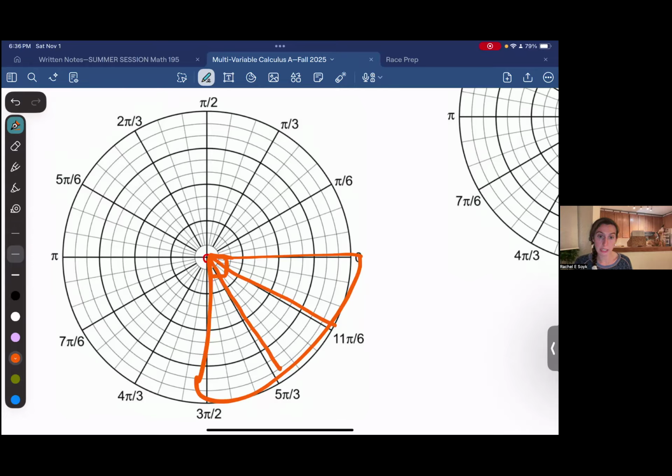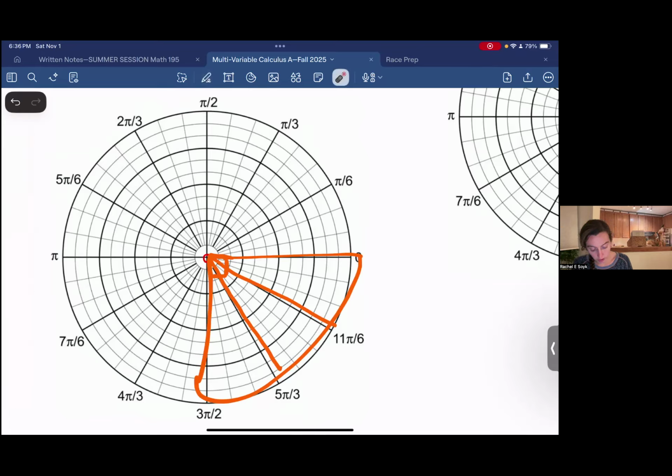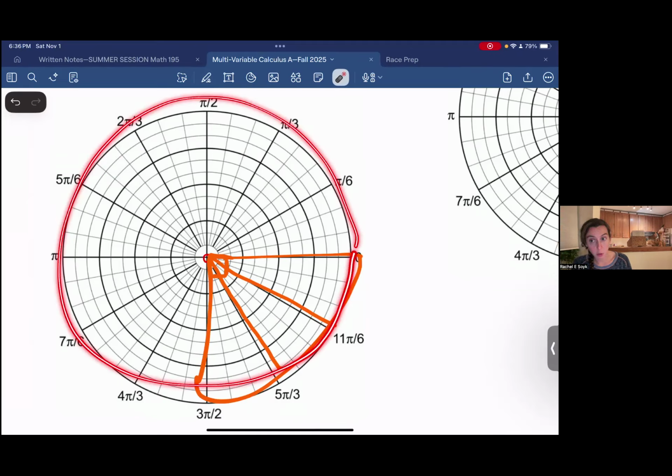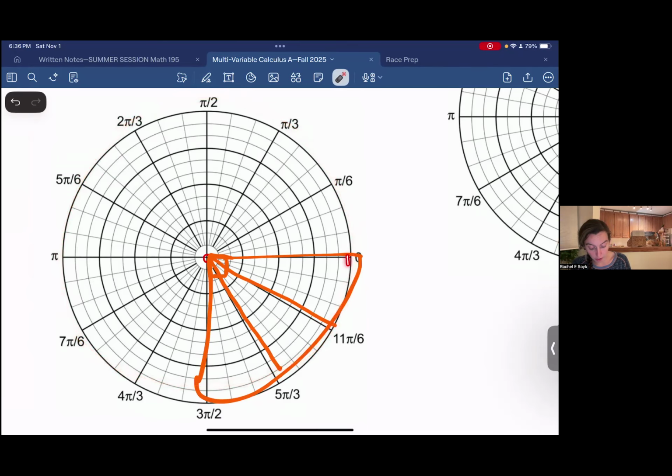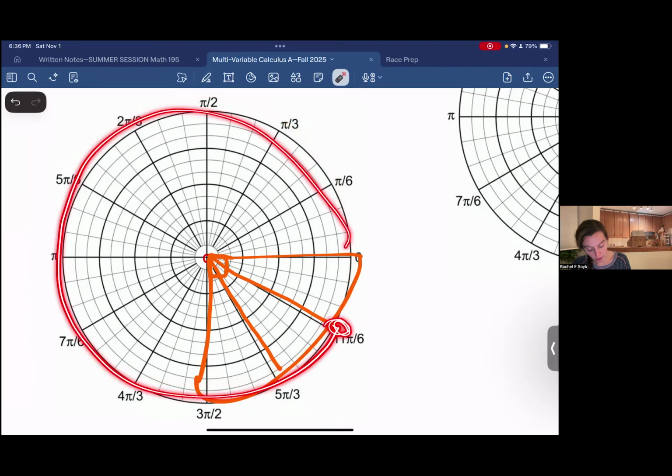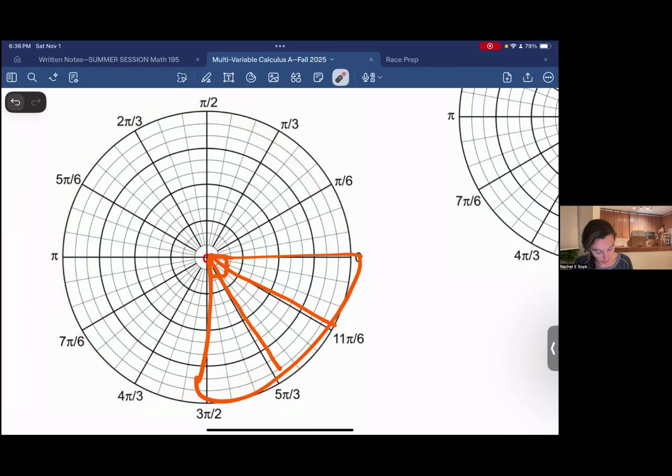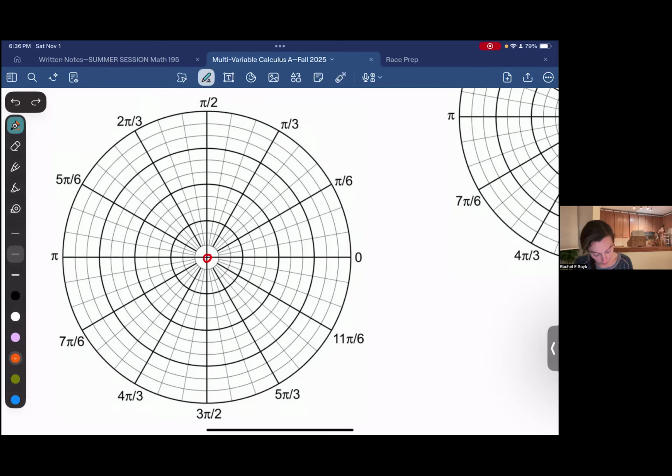So each slice is 30 degrees. And if we know that one full rotation gives you 360, also known as 2 pi, and we want to subtract 60 to get 300, then 300 would be right up until this point. Okay, so I'm now going to erase the orange and maybe just put a little dot at that point.